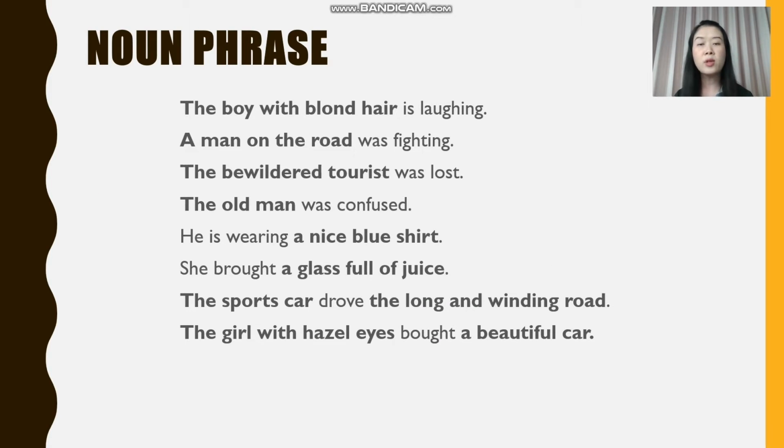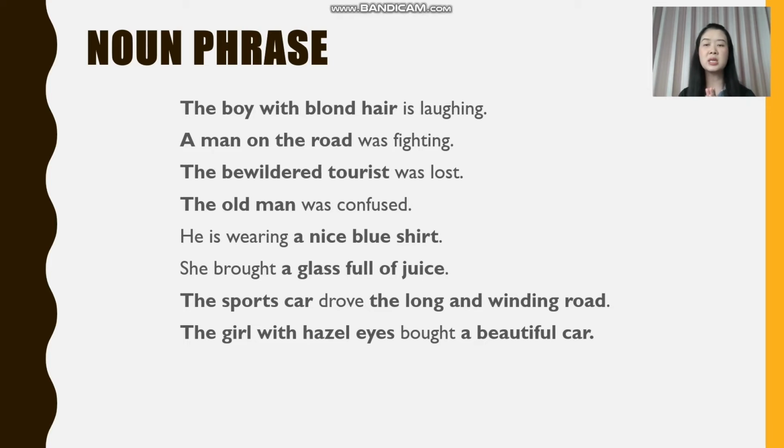The boy with blonde hair is laughing. So can you just guess from the first phrase which word is the head word of this phrase? Well, that is the word boy.